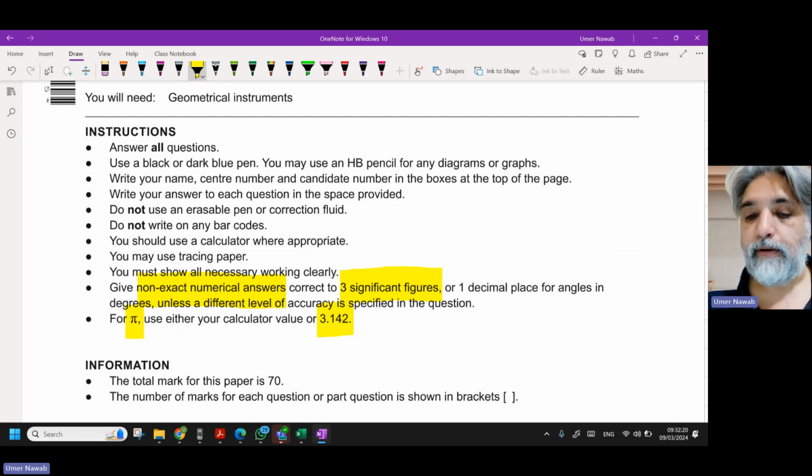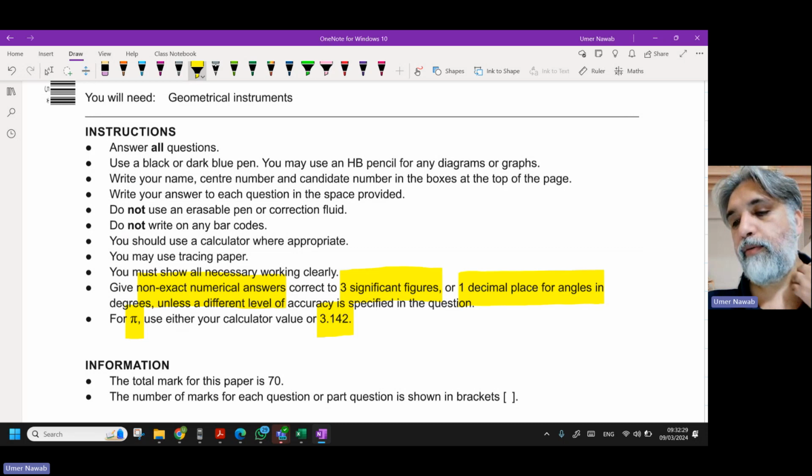If rounding off is required, if you want to write an angle in rounded form, you have to write to one decimal place, unless it is stated that you have to write a specific level of accuracy. So total marks for the exam is 70.